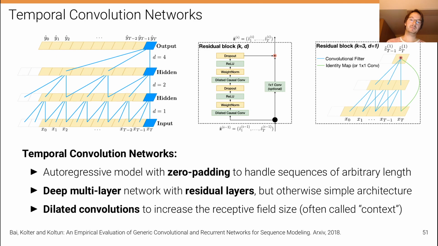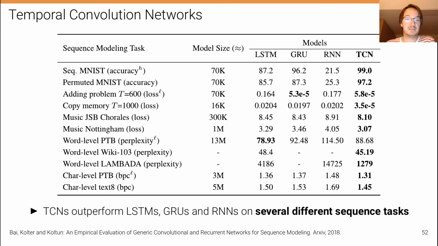And then this idea has been taken further in this paper by Bai et al., 2018, where they demonstrated that a simpler architecture that uses the same ideas, deep multi-layer networks with residual layers and dilated convolutions, and zero padding for connections that range outside the input domain, but otherwise a very standard network, has very good performance across different tasks.